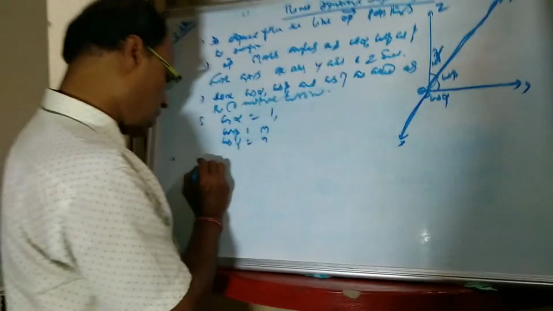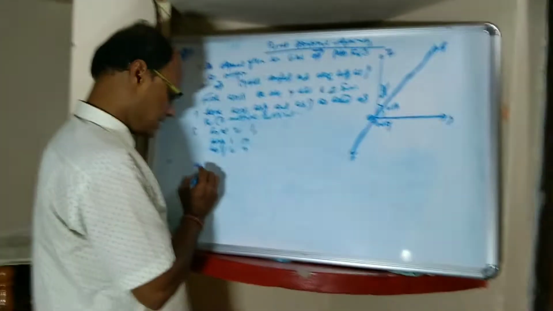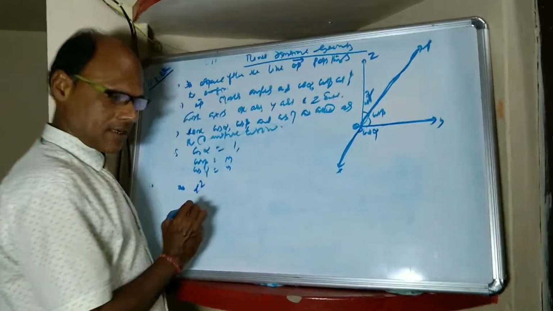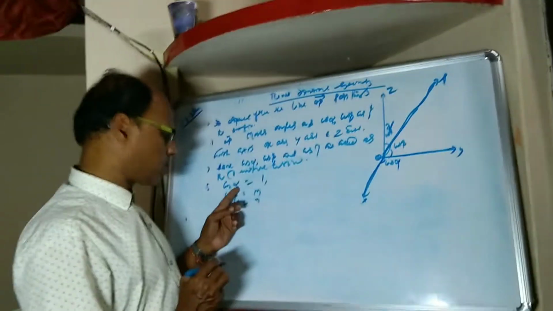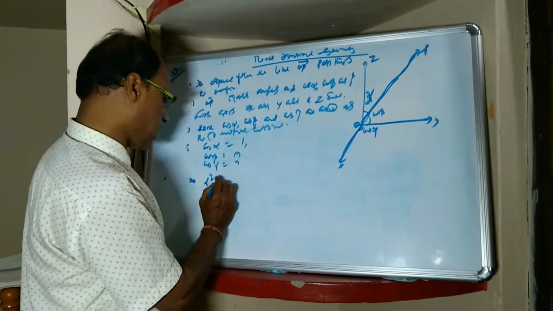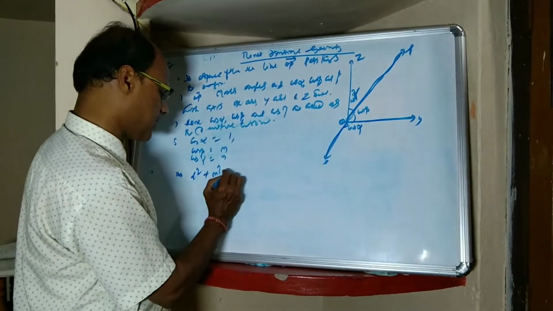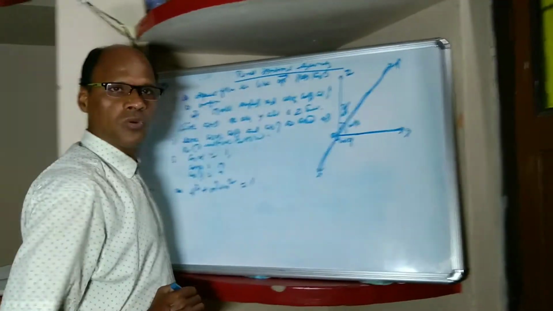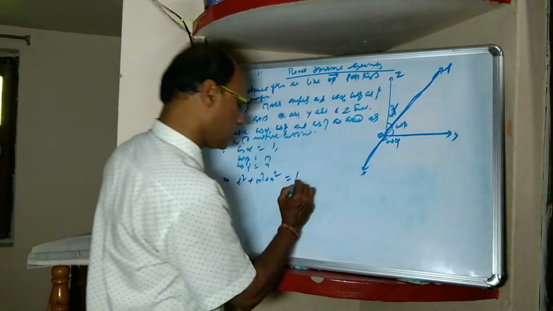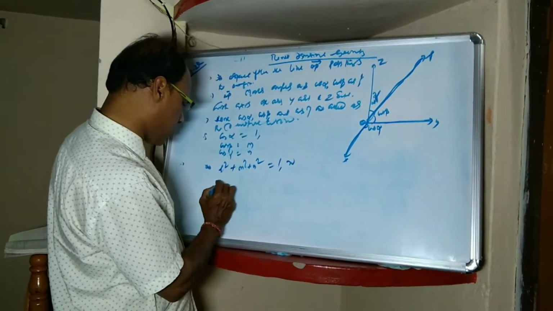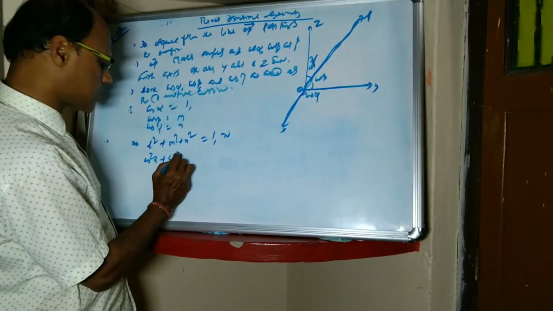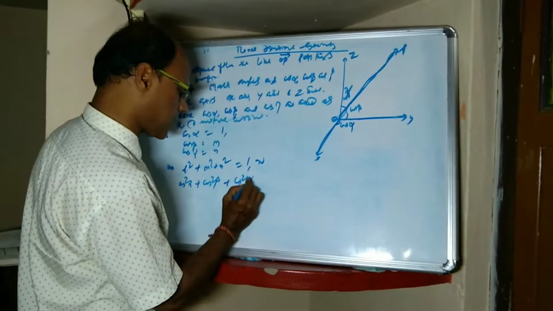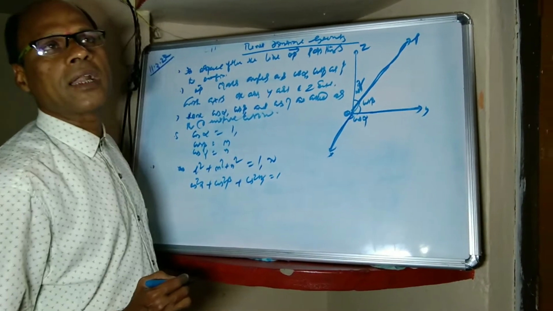Then L square plus M square plus N square is equal to 1, or cos square alpha plus cos square beta plus cos square gamma is equal to 1.